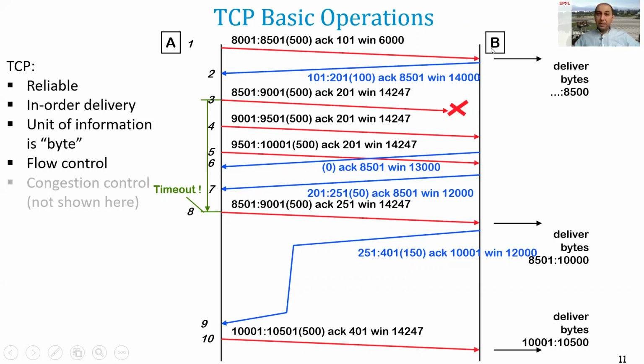If B sends more than 6,000 bytes, A will encounter a buffer overflow and the data will be lost. So A is telling B, please don't send more than 6,000, otherwise we'll have to retransmit the data that will be lost because of the buffer overflow.